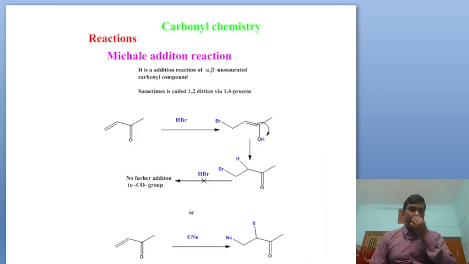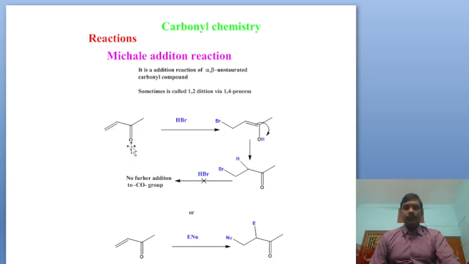Then we come to the Michael addition reaction. It is an addition reaction of the alpha beta unsaturated carbonyl compound. Sometimes it is called 1,2 addition via a 1,4 process. So if we add HBr, the HBr will be added to the double bond through 1,4 addition.